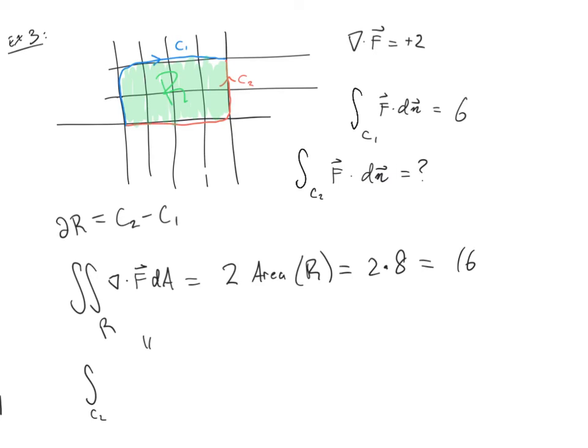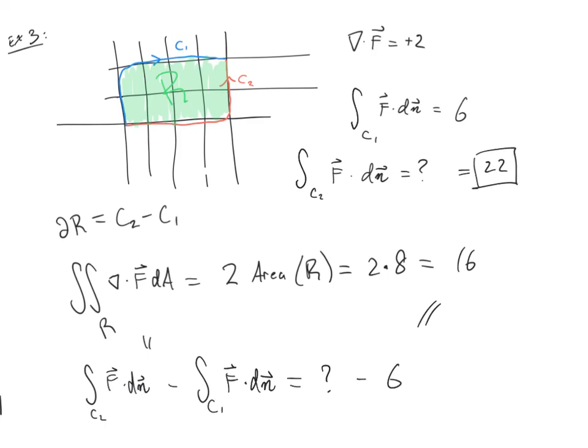This should be the integral over C2 of F dot dn minus the integral over C1 of F dot dn. And so this is what we want, minus 6 equals 16. So 16 plus 6 is 22.